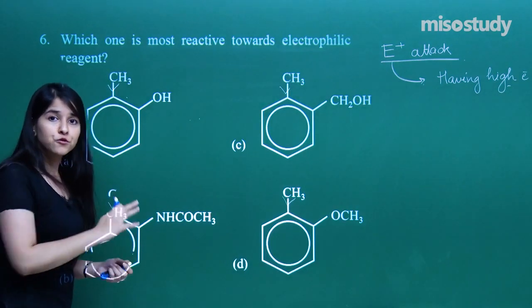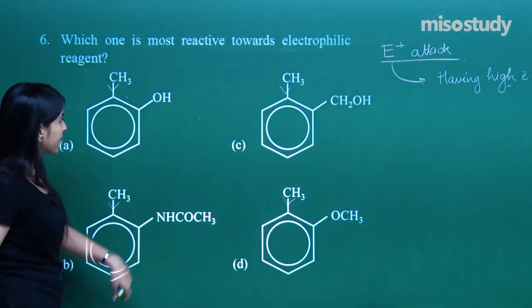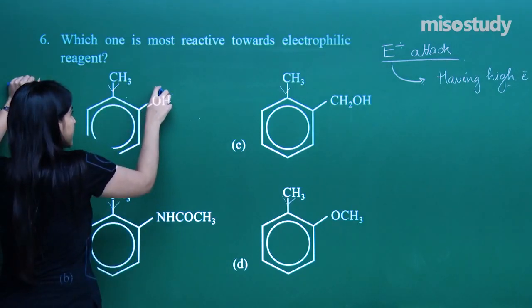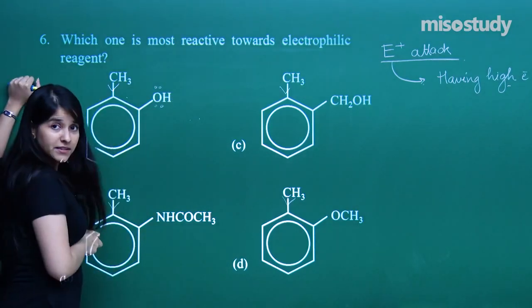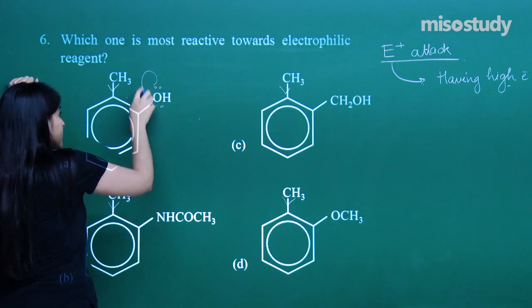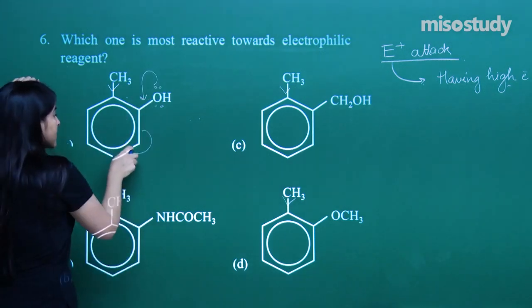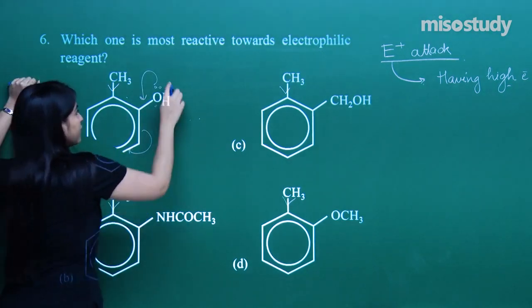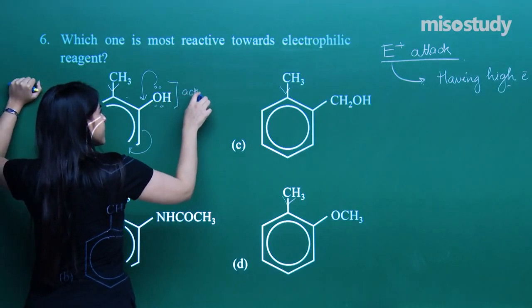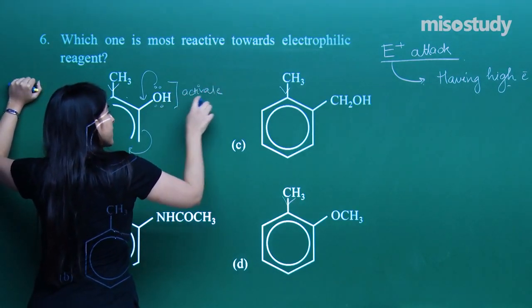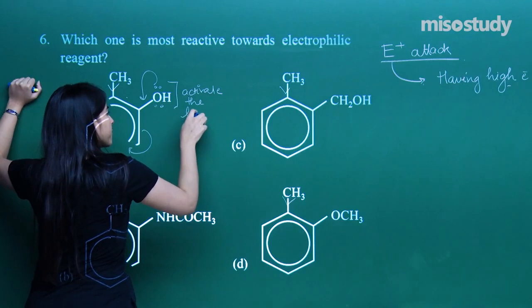We have to distinguish the 4 attachments. I have got OH, and we all know OH has got lone pairs. It will be involved in resonance. That is how it will activate the benzene ring.